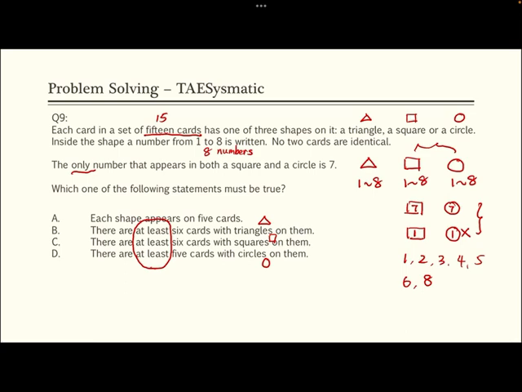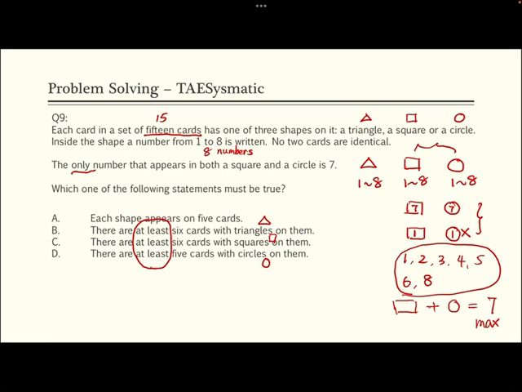Under these circumstances, square plus circle can maximally have only 7 cards, because we only have 7 numbers left. We don't know which one each is in, but no matter where you put these numbers, the total number of cards in the square and the circle added together should be 7.